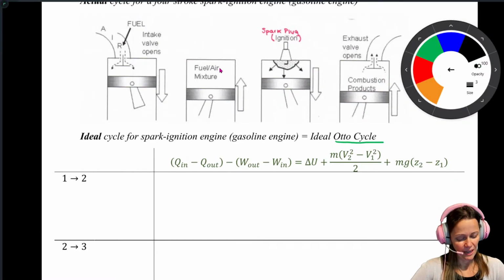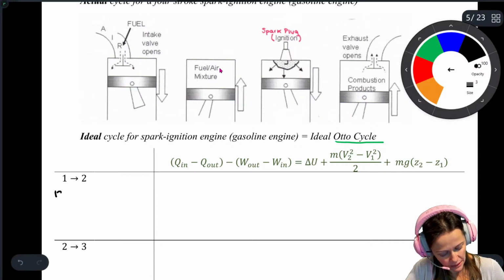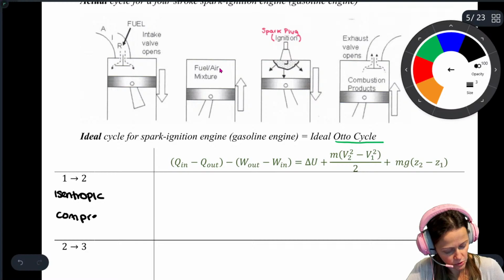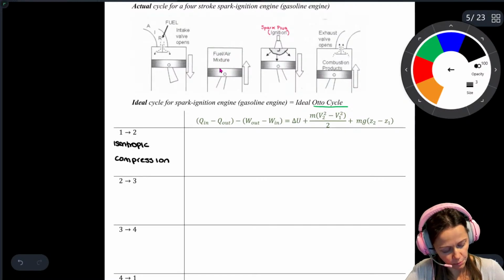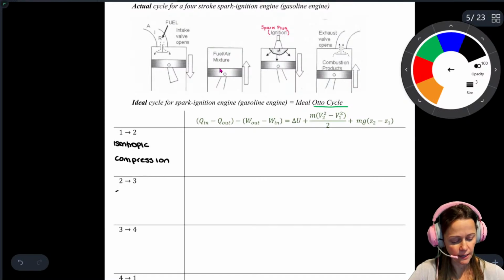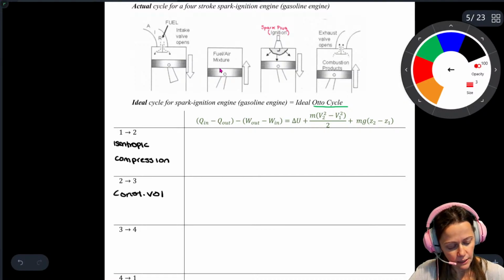Okay, so I think I wrote this yesterday and I probably should have continued, but 1 to 2 for an ideal Otto cycle, which is our very simplified model for our gasoline engine, we've got an isentropic compression followed by a constant volume heat addition.